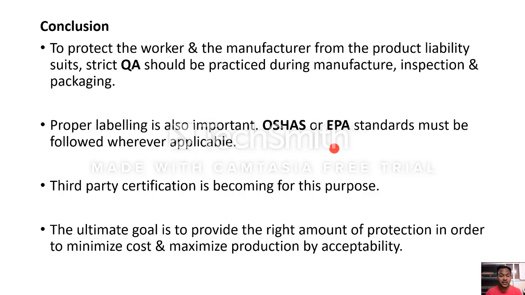Third party certification is becoming very important for this purpose. Any kind of testing laboratory or third party certification, like a standard laboratory certification, is also important. Only then is the garment we have manufactured advantageous for both the seller and the buyer.